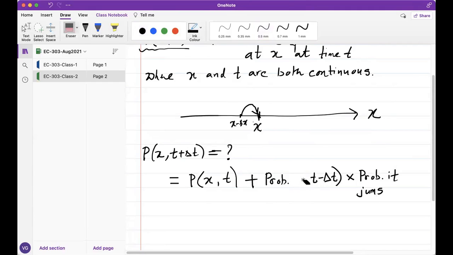The increase happens from the other location, not the current location. The current location is already accounted for here. The location to the left: there was an animal there at a previous time step, and that animal now jumps plus delta x. In such a case, there is an enhancement of probability here. Does everyone agree with that?